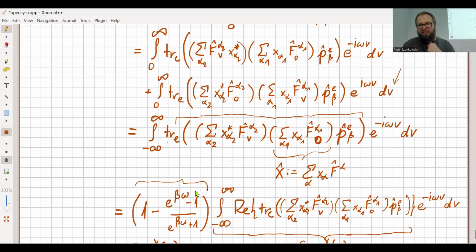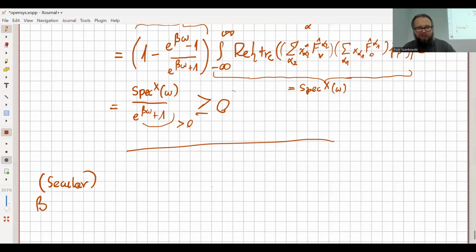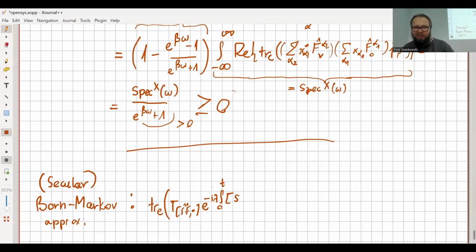In other words, we are now done with approximations, and we are at the secular Born-Markov approximation, which gives us that our dynamical map, let's just write it in full glory, just to have everything in plain sight.